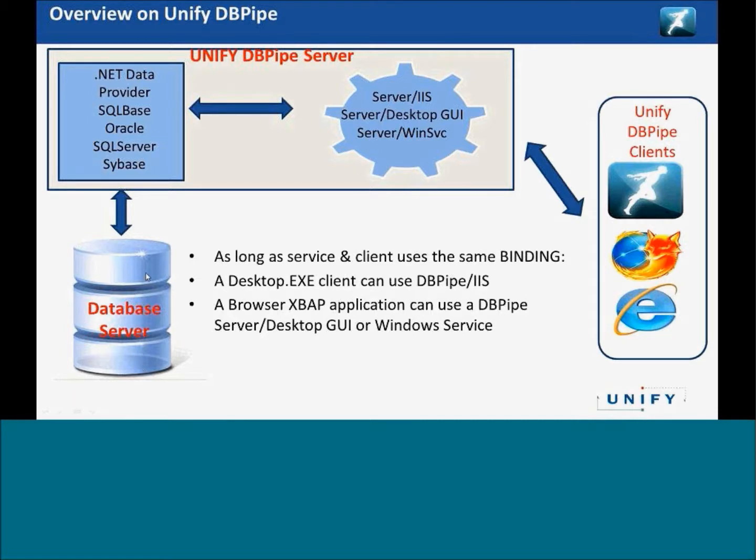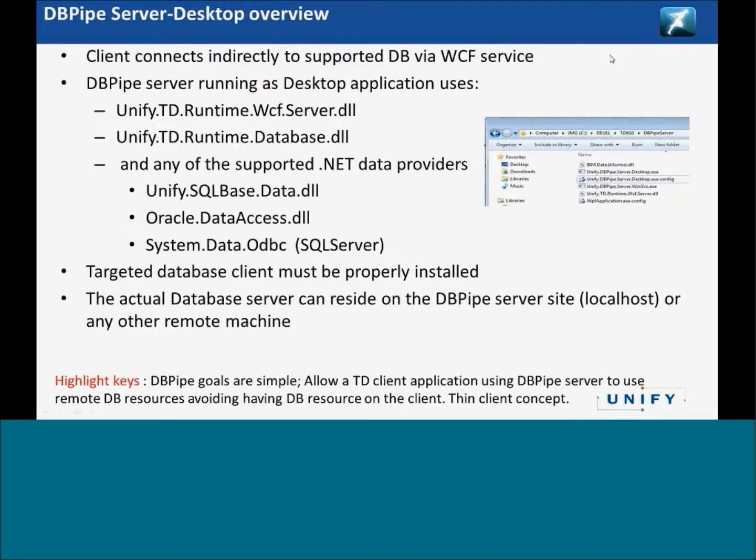Those will talk directly to the database server to actually make the requests, the selects, inserts, and so on. So this database here can also be on that same machine. So, as I say, you can have different hosting of web services, and all Team Developer .NET applications can actually use DBPipe.